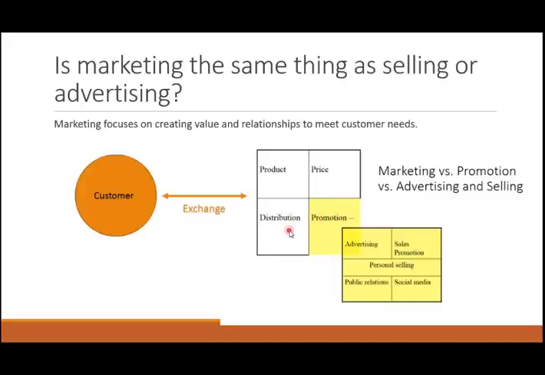So where does advertising or selling fit in all of this? Well, it's very interesting to note that advertising is part of promotion, which is part of the marketing mix, which is part of marketing. So I hope you can begin to see how marketing is much more than just promotion, which is much more than just advertising or selling.